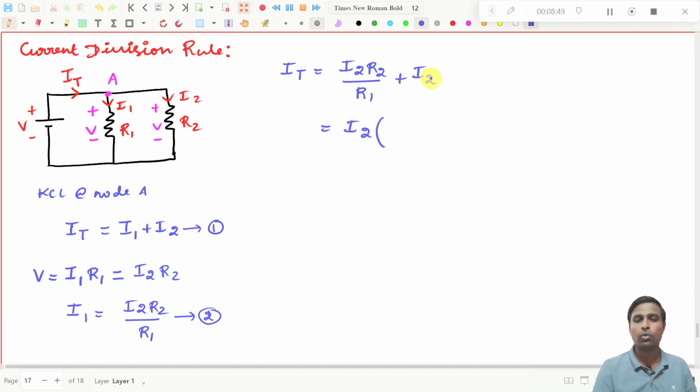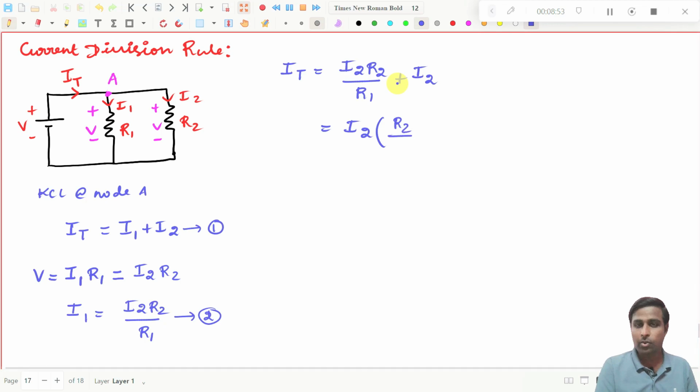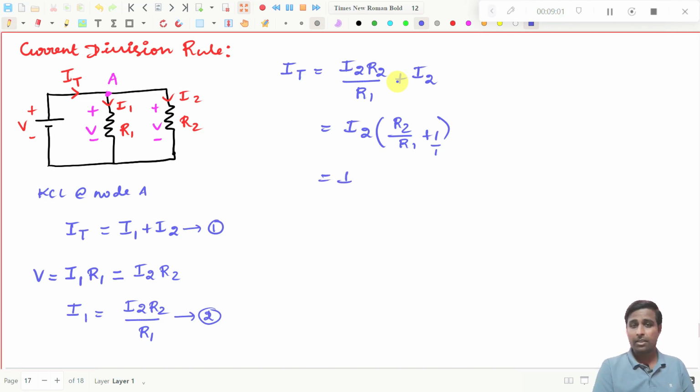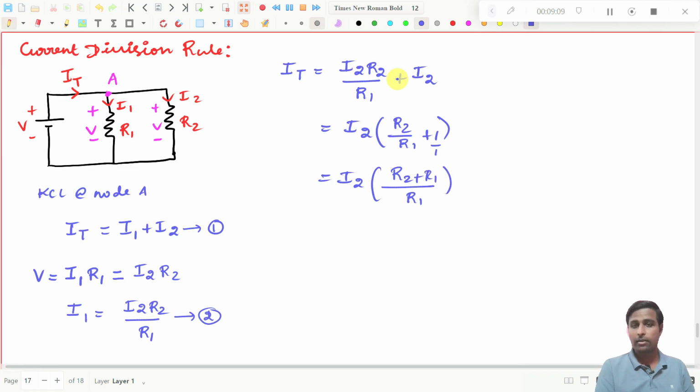Then I will get R2 divided by R1 plus 1. If you take the LCM, this will be equal to I2 into (R2 plus R1) divided by R1.